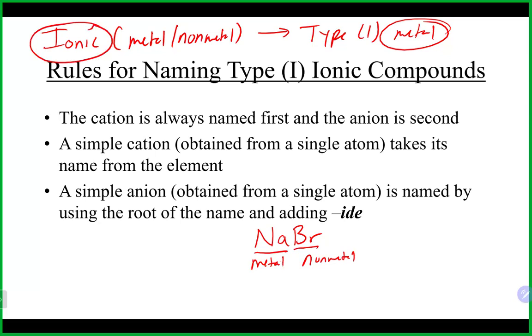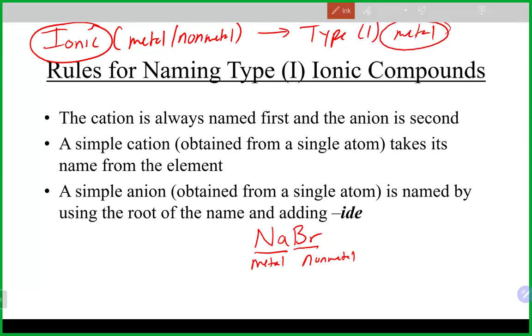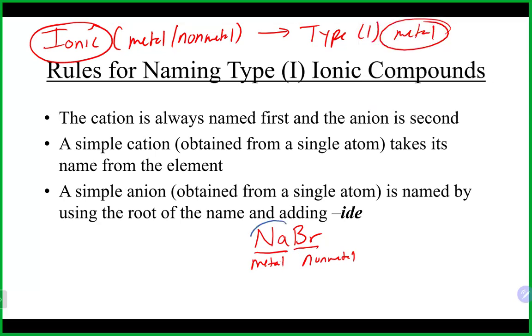And once I've determined it's ionic, the next thing I should look at is the metal. And when I look at the metal, which is sodium, I can see sodium is in group 1, which means it has a fixed positive charge. And that means that this is going to be a type 1 compound.